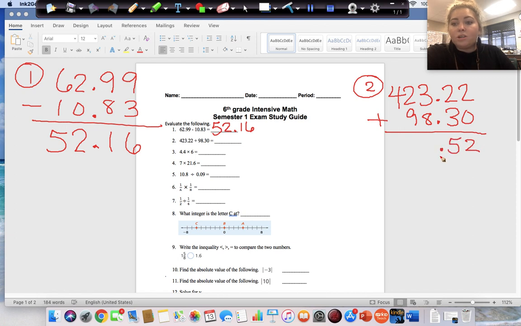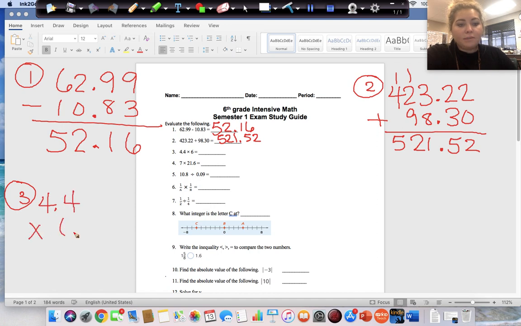Bring your decimal point straight down. 3 plus 8 is 11. Carry your 1. 1 plus 2 is 3, plus 9 is 12, carry your 1. 1 plus 4 is 5. So 521 and 52 hundredths.